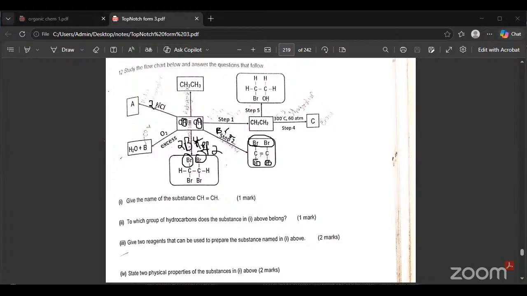Na sasa tofauti nini? Kama hii iko na bromine mbili na hiyo tena iko na chlorine mbili. You know, there is a name. There is a difference actually, there is a difference between hydrohalogenation na halogenation. Itakuwa tofauti.